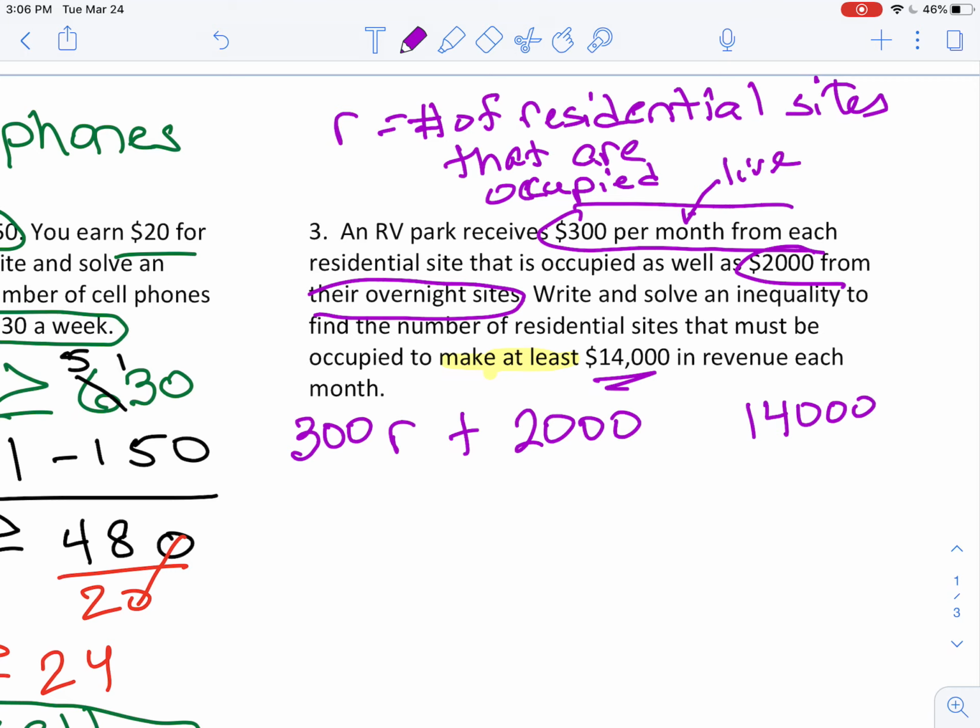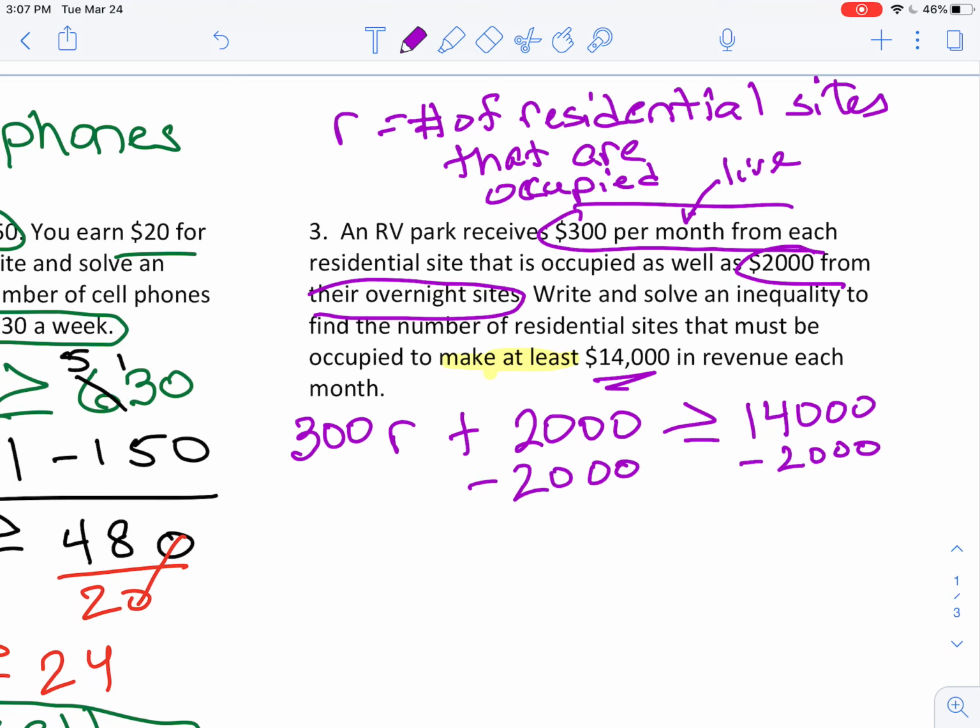And they want to make at least $14,000. So if they want to make at least $14,000, the first question is, are they okay with $14,000? And the answer is yes. And then do they want to make more than $14,000 or less than $14,000? Yep, that's right.